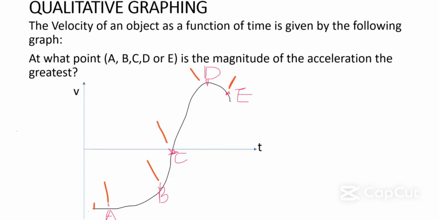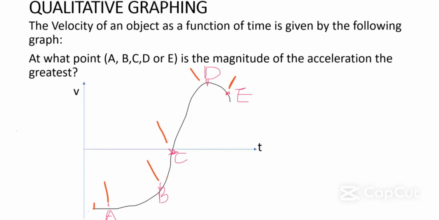The acceleration has increased a bit, but not that much. Then from B to C, there's so much change. It has moved so much, and keeps going up. So there's much acceleration at C.